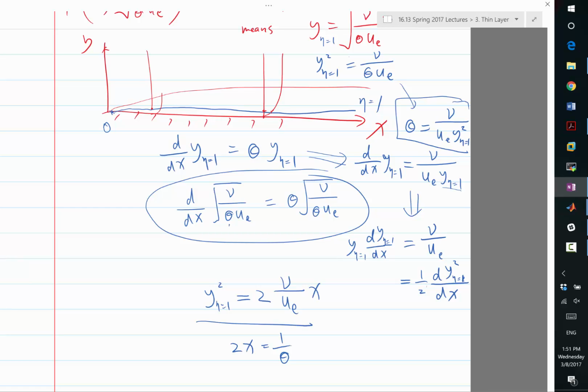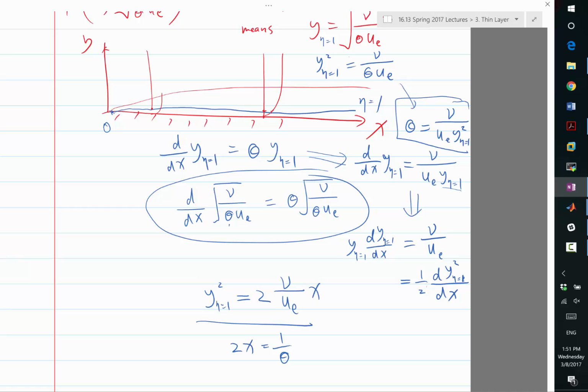So how many people actually read the book, the Aerodynamics of Viscous Flows book, Professor Drela wrote? I have not gotten up to this part quite yet. Okay, anybody else? I haven't read this part yet. So I encourage you to read this, but Professor Drela started from almost the opposite of this approach. He first used the thickness of the boundary layer to derive a relationship in x.